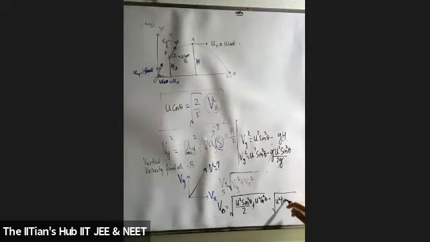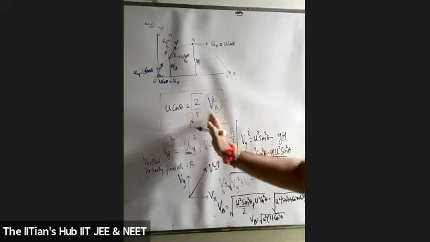Sin square theta plus 2 cos square theta, which can be written as sin square theta plus cos square theta plus cos square theta, and that is equal to 1 plus cos square theta. So can I say this will be under root u square into bracket 1 plus cos square theta, and that is velocity at point B.